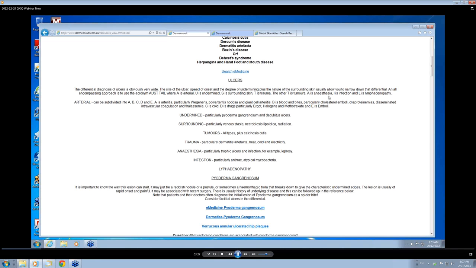A is for anesthesia. If you get any type of peripheral neuropathy, in the old days it used to be syphilis. Nowadays it's diabetes, and you get diabetic peripheral neuropathy, then you're liable to get, initially trauma-induced ulcers, and then what we call neuropathic ulcers, typically in the soles of the feet over, say, the heads of the metatarsals. I is for infection.